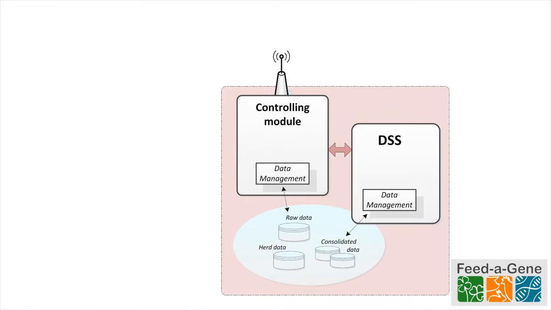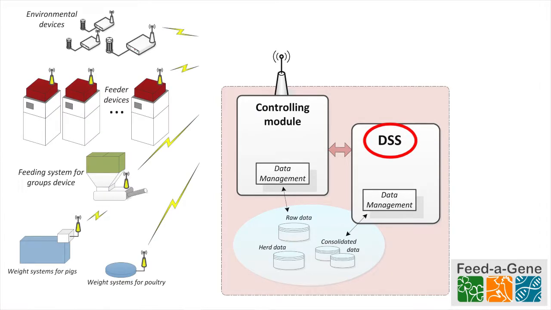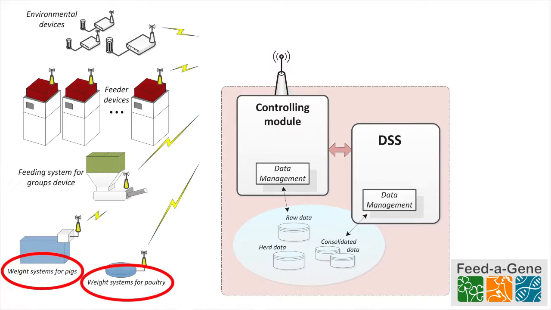Concretely, the precision feeding system can be described as follows. We have different components. We have the central component, that is the controlling module, which manages the relationship between the decision support tools and the devices. The controlling module receives the data from the different devices: weighing scale, feeder or environmental devices.